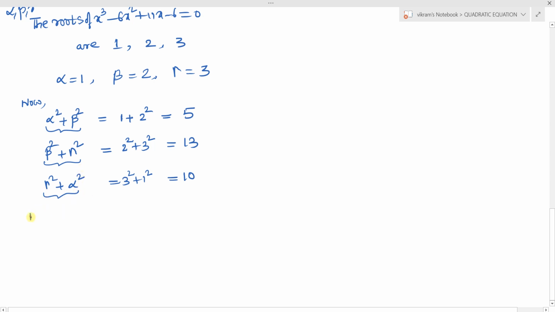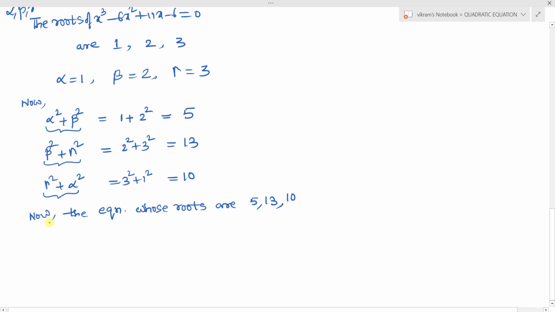Therefore, now the equation whose roots are, so alpha square plus beta square is nothing but 5, beta square plus gamma square is 13, and gamma square plus alpha square is 10.